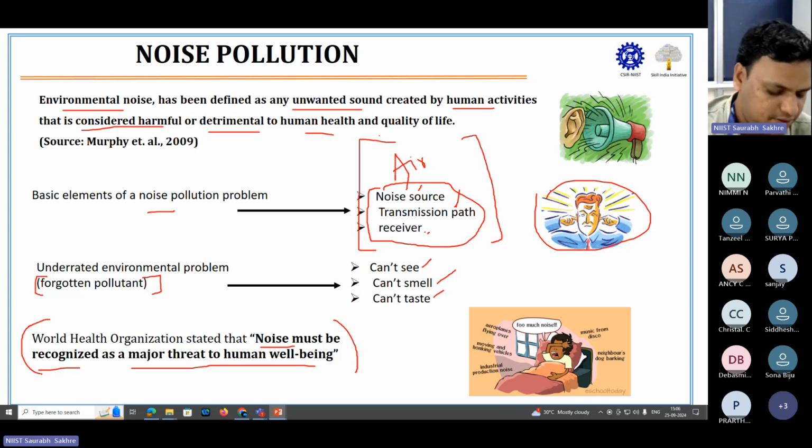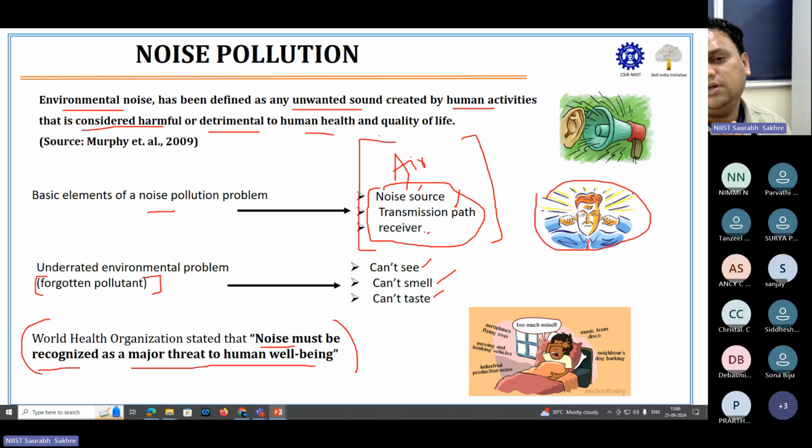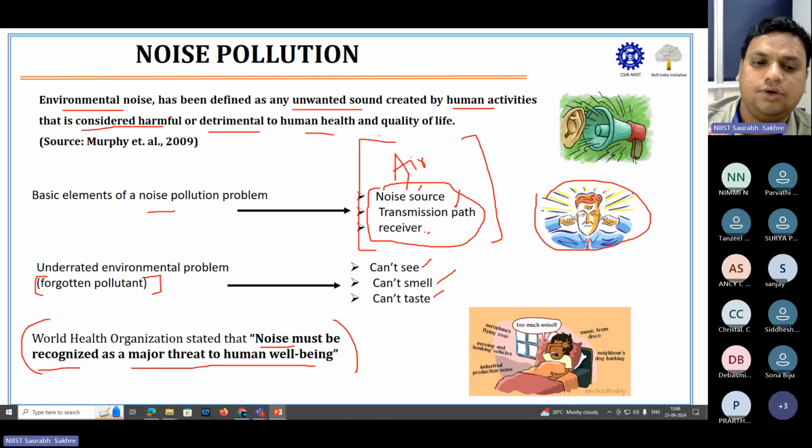I'll give you one example. If you are living in an urban area, especially if you are from a metropolitan city, observe your behavior and all other things, especially the thoughts going on in your mind. Then you go to a hilly region where there is not much traffic and not many people, you will see an instant change. Why? Because there is no noise.